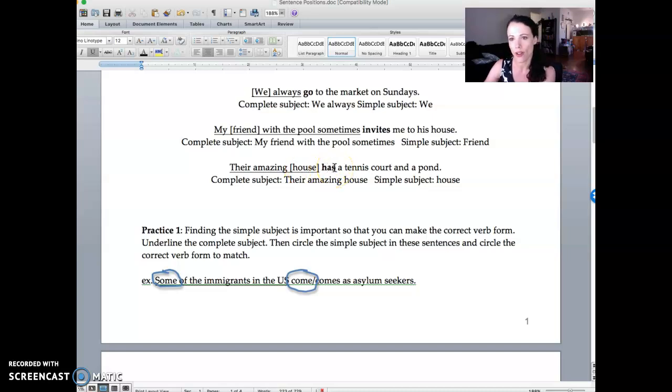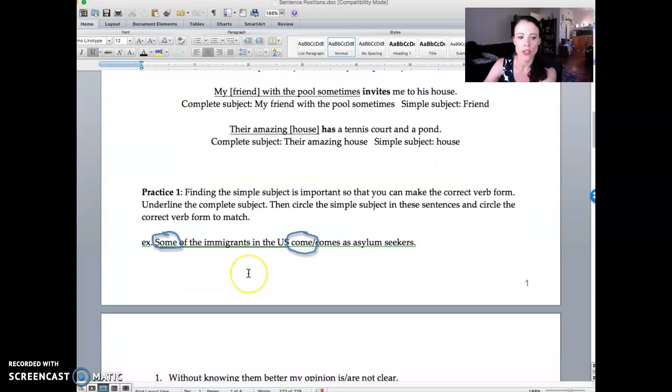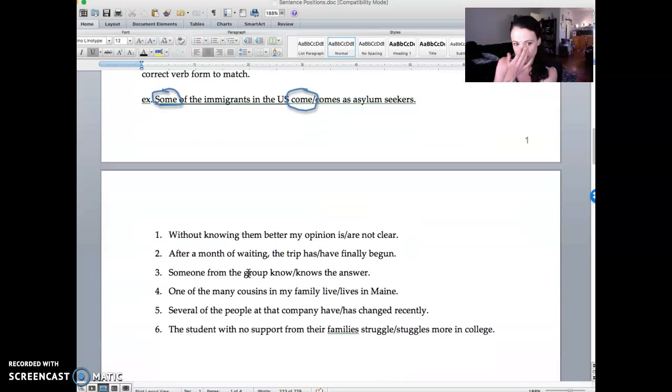So it's important to find those simple subjects so that you can match and choose the correct form of the verb. So that's going to be your first practice. It says to underline the complete subject and then circle the simple subject and then circle the correct verb to match. Okay, so let's do a couple of these together.